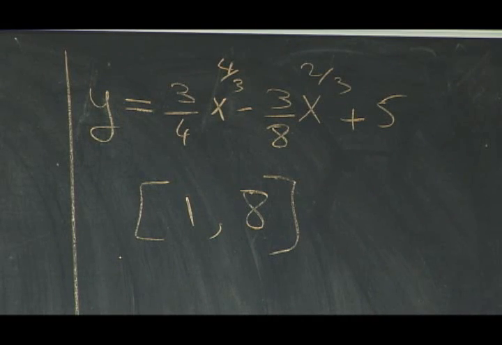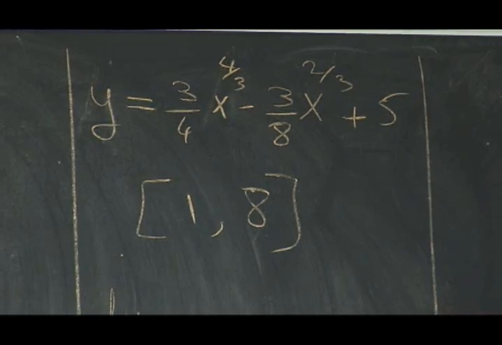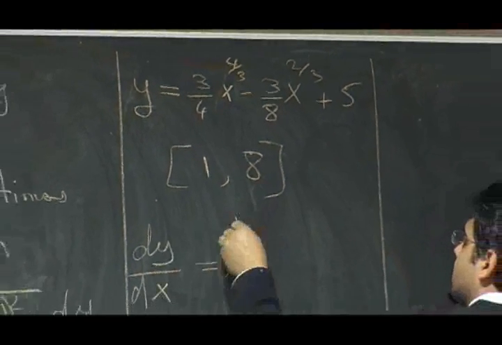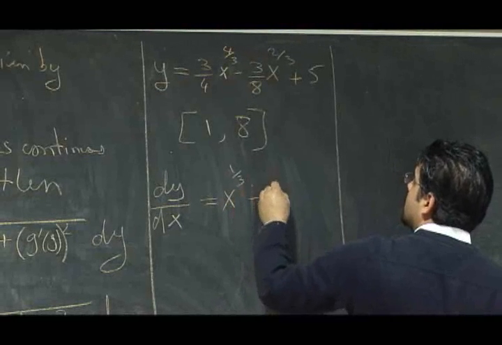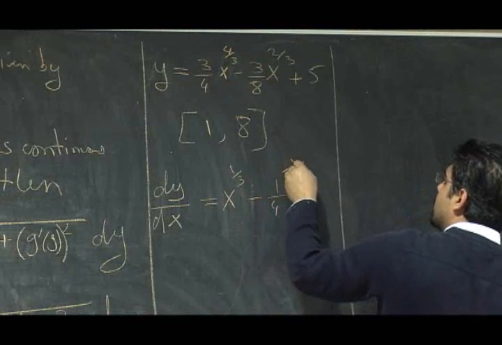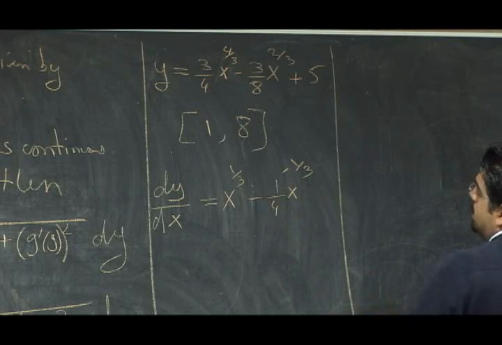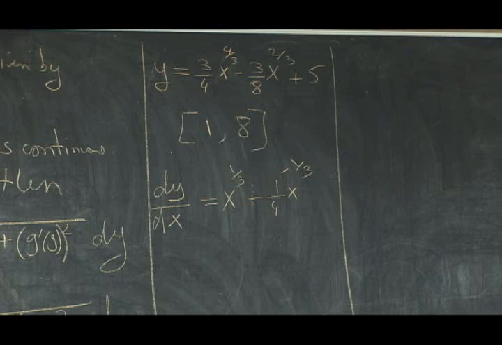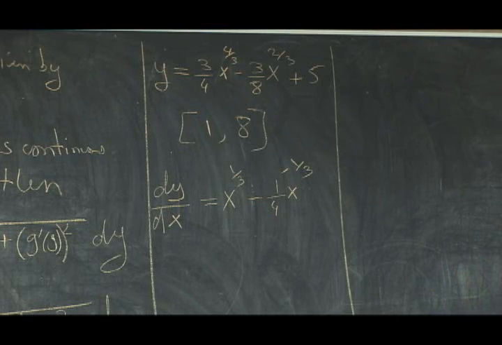I'd use a computer to see what it looks like, but I won't try to draw it now. All we have to do is calculate the derivative and see if it's continuous on this interval. So here we would have x to the 1/3 minus 1/4 x to the minus 1/3, plus 0. The derivative of 5 is 0, yes?